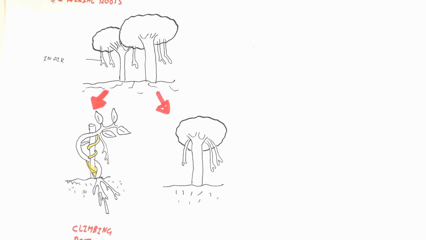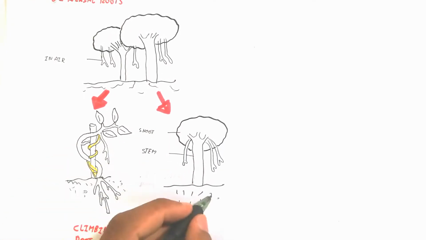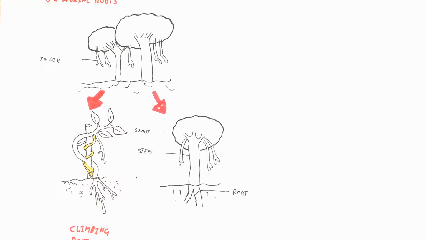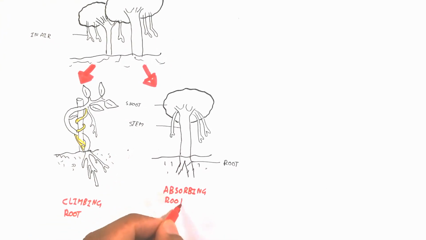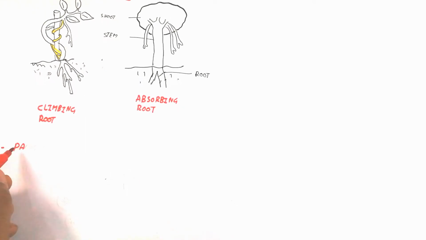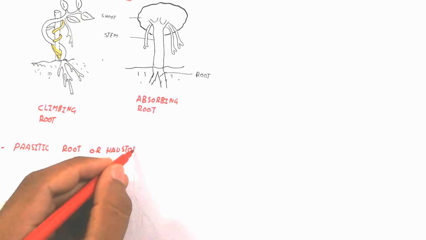The stem and root are present here. The absorbing root absorbs the humidity from the air, and its character is for absorption of some water and oxygen or carbon dioxide. It is non-photosynthetic as well.